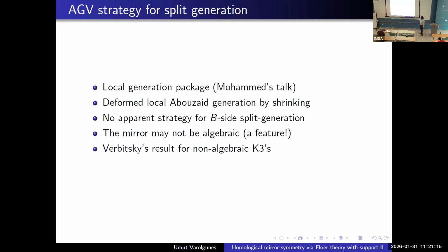Maybe one should write a paper about what corresponds to Verbitsky's result: if you have a non-algebraic analytic K3, then the derived category of coherent sheaves is basically independent of the K3. On the Fukaya side, there's also something like this.